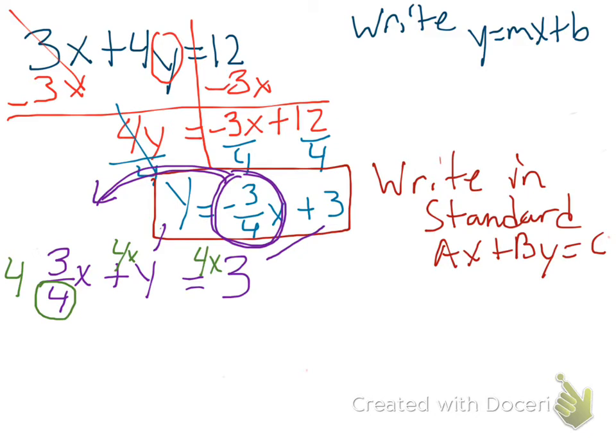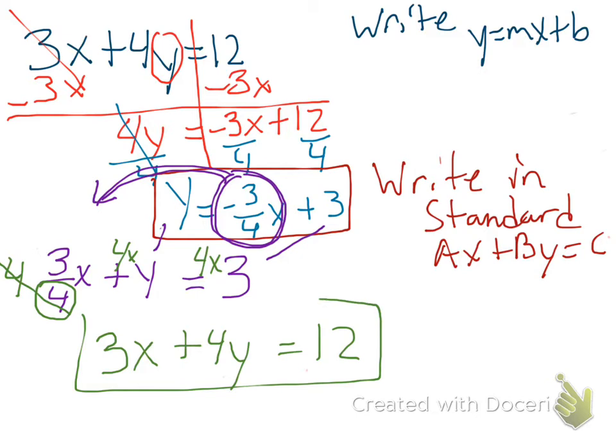It cancels out every time. That's the whole point of multiplying by the denominator, because it will cancel out and it will just leave you with your numerator. So my numerator is 3. Keep the x. 4 times y is 4y. And 3 times 4 is 12. So that's my equation in standard form.